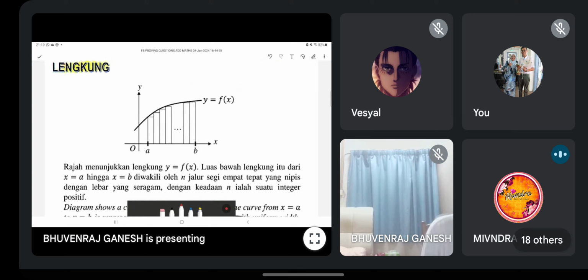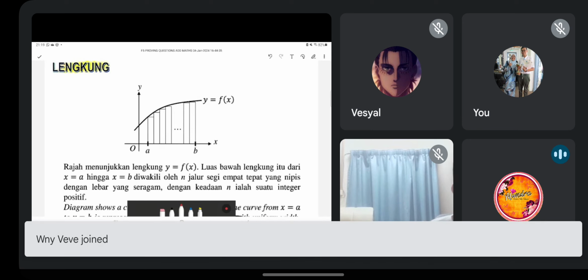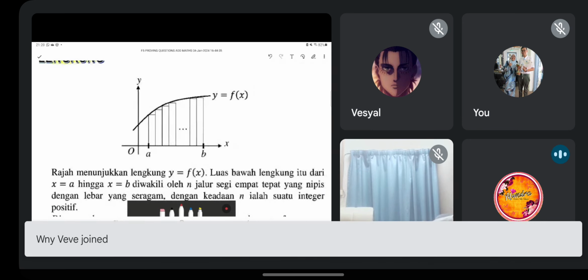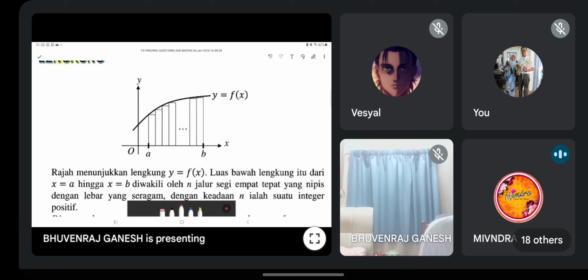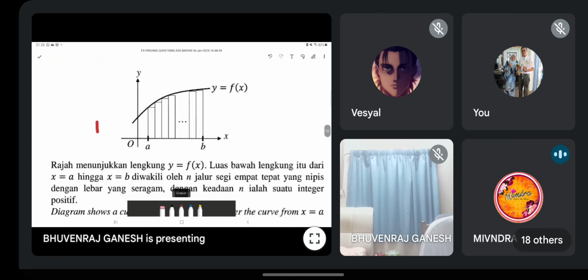Tapi kita kena tunjukkan. So untuk nak tunjukkan, can you zoom? Lepas tu untuk ni, kan macam Bro Buin beritahu tadi, kan setiap segi empat tepat, rectangle tu kan ada ruang kat atas tu antara garis dengan segi empat tepat. So sebab tu kita tak boleh dapatkan nilai yang tepat.